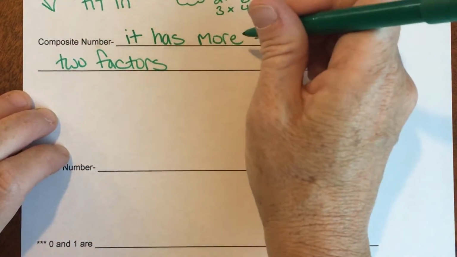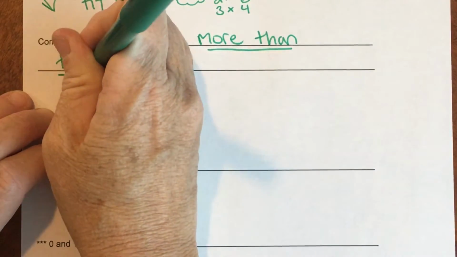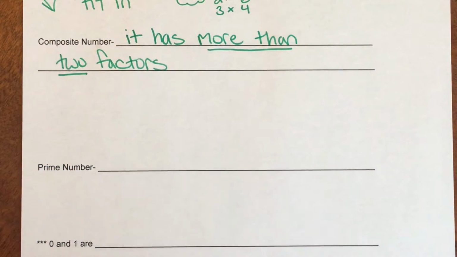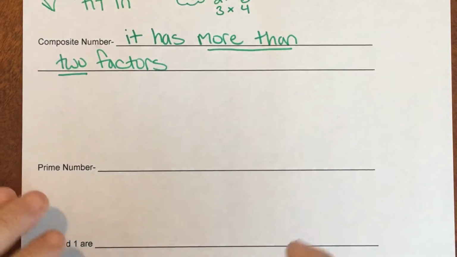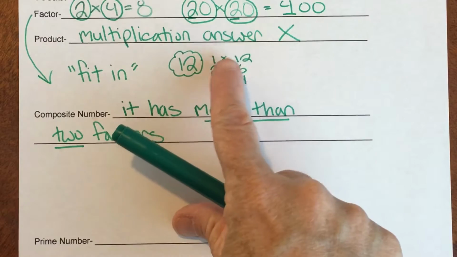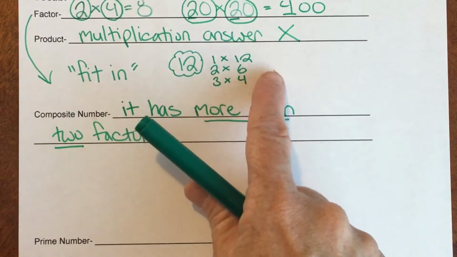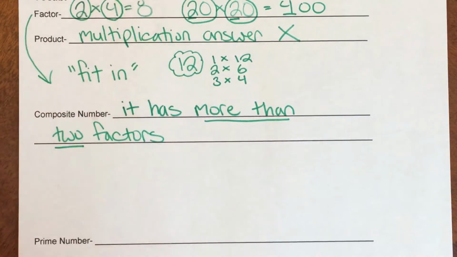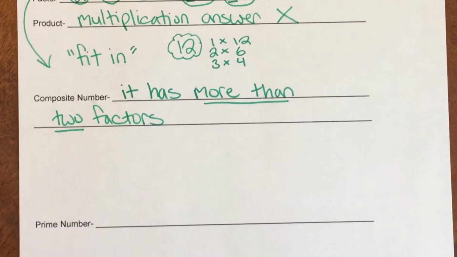It has to have more than 2 factors to be composite. If you think about 12 that I just did, 12 has 1, 2, 3, 4, 5, 6 factors, 6 numbers that when I multiply them together, I can get 12. So a composite number would be 12. 12 is a great example of it.